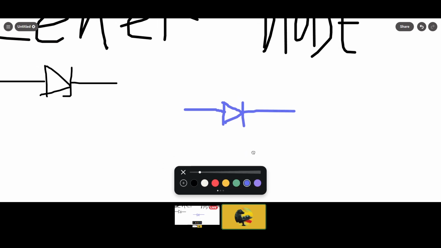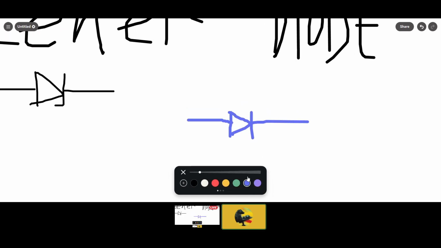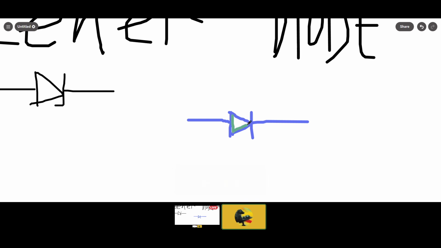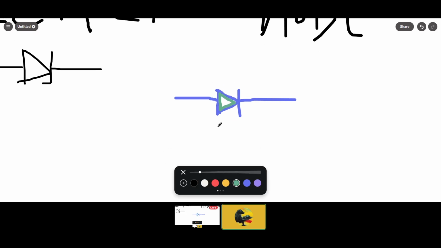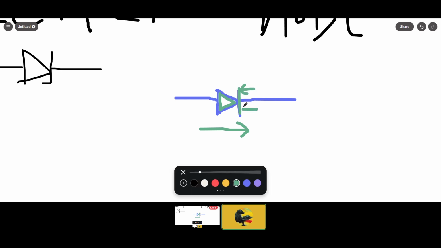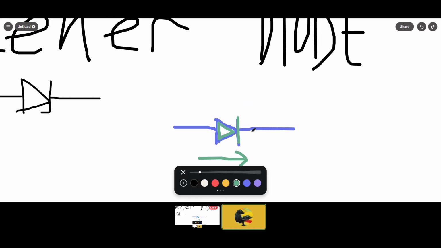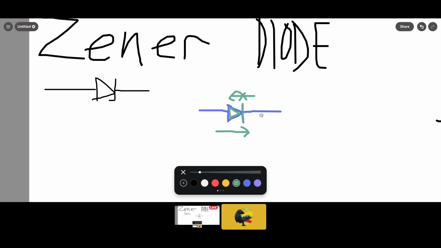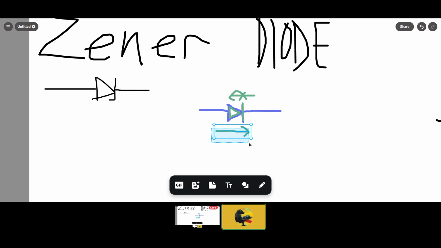And this direction is denoted by the symbol here. This triangle shows which direction it is alright to go through, and this bar is like stopping, so it is wrong to go through here. That's how a normal diode usually works.